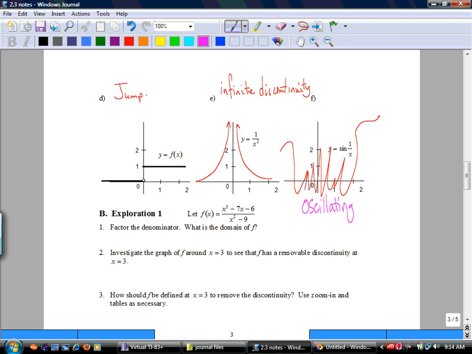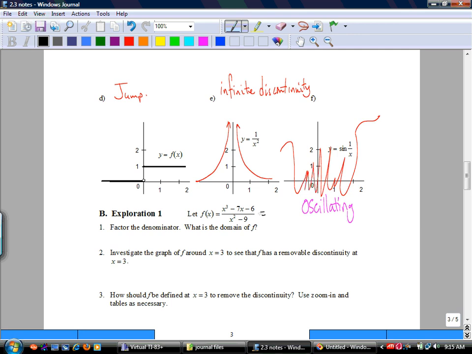Factor the denominator, please. Have I factored it for you? No, it should be x squared minus 9.